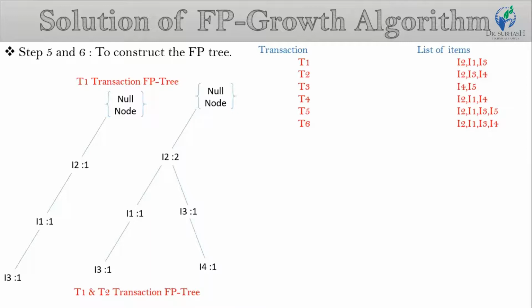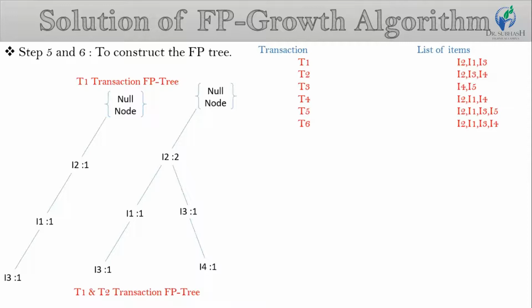But this branch shares the I2 node as common, as it is already used in T1. Now increment the count of I2 by 1, and I3 is linked as a child to I2. I4 is linked as a child to I3.